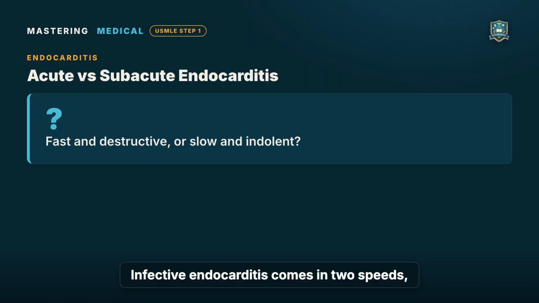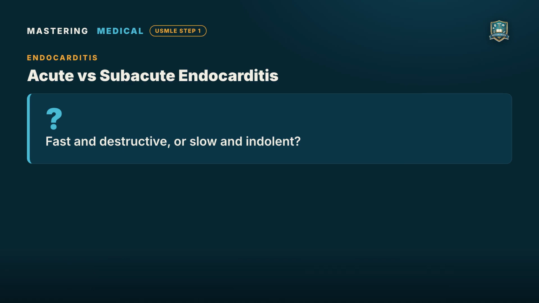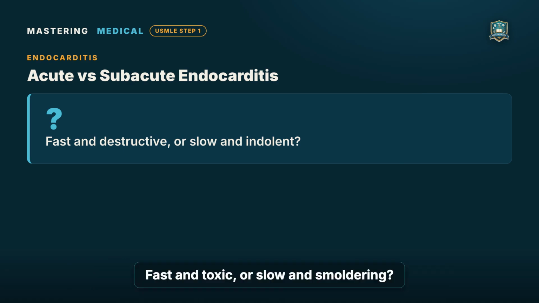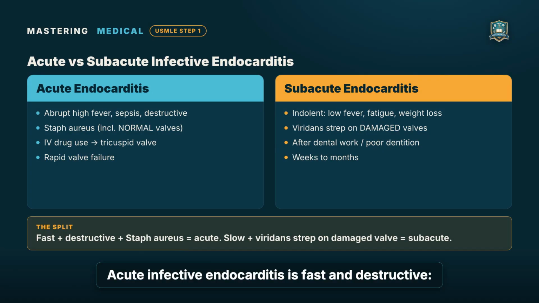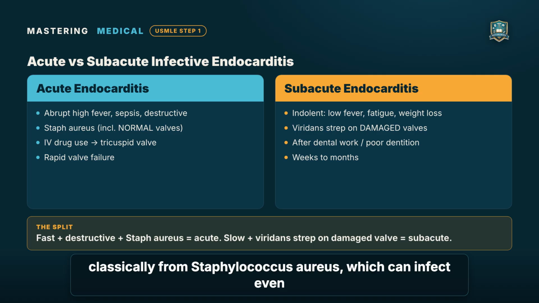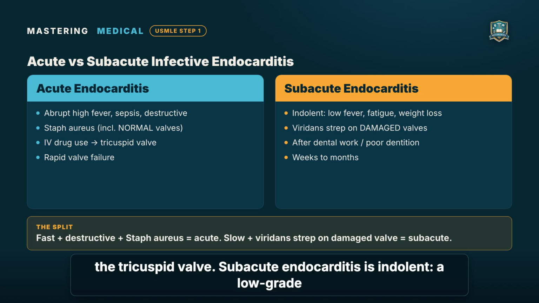Infective endocarditis comes in two speeds, and the speed points to the organism and the valve: fast and toxic or slow and smoldering. Acute infective endocarditis is fast and destructive, with abrupt high fever, sepsis, and rapid valve damage, classically from Staphylococcus aureus, which can infect even previously normal valves. In an intravenous drug user, it favors the tricuspid valve.